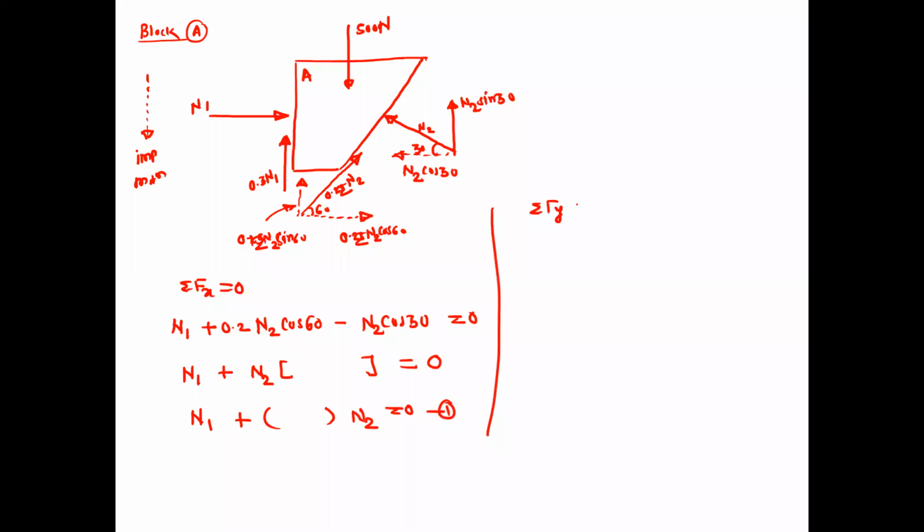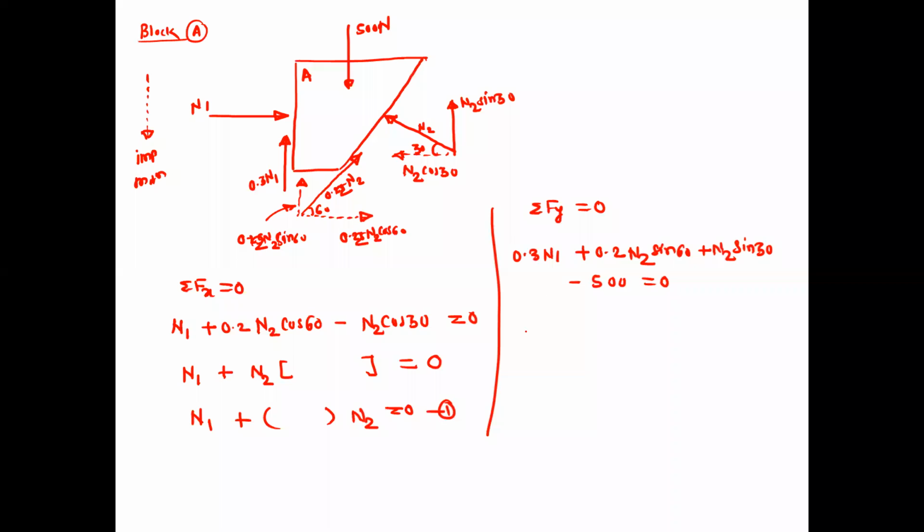Then write summation Fy equal to 0. For summation Fy, 0.3 N1 plus 0.2 N2 sin 60 plus N2 sin 30 minus 500 equal to 0.